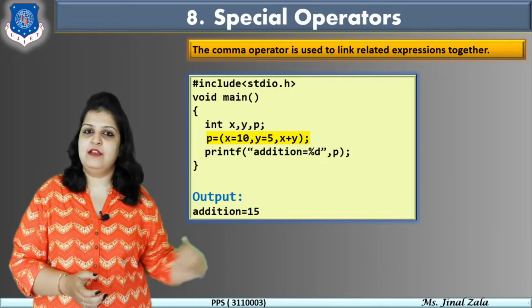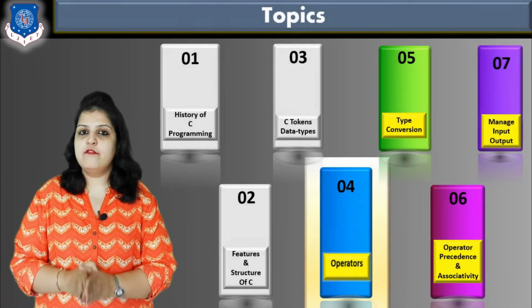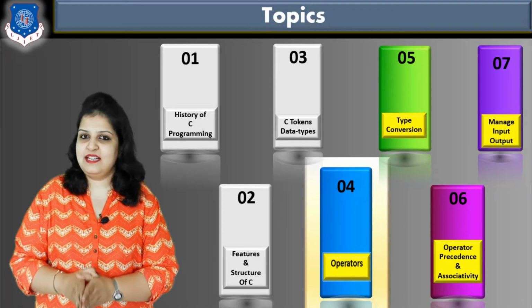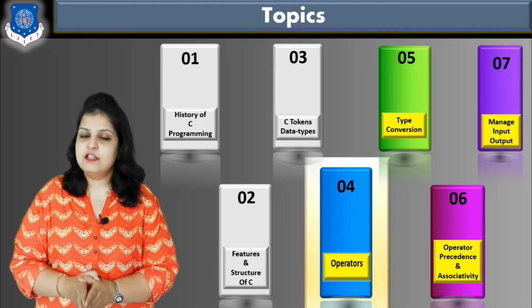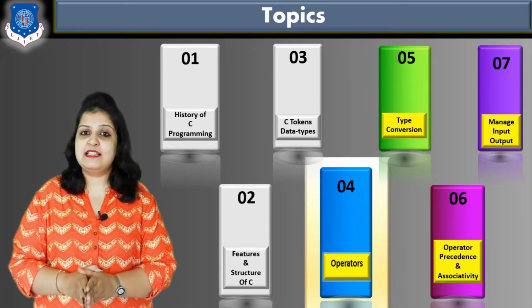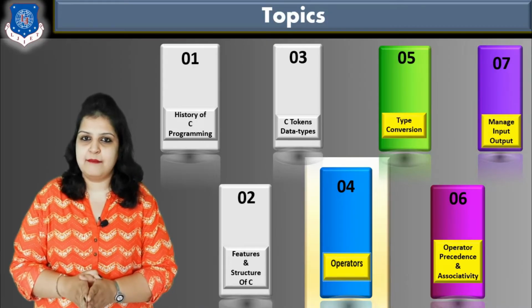In this way we can use the comma operator. So all the operators are completed here. Hope you understand these operators very well. Just remember the list of operators and explain any 3 to 4 in the exam very well with examples.